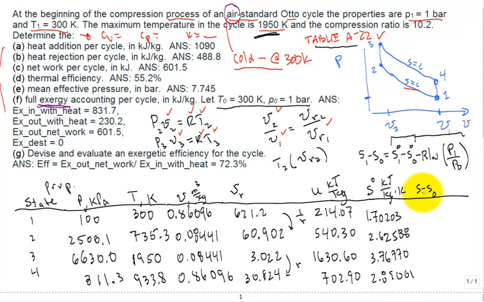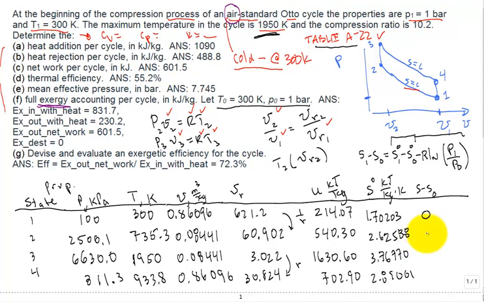And so this is S minus S naught for state 1. Well, that change in entropy is 0 because it's the same pressure and temperature. But for state 2, we can calculate that S minus S naught. It's extremely small.